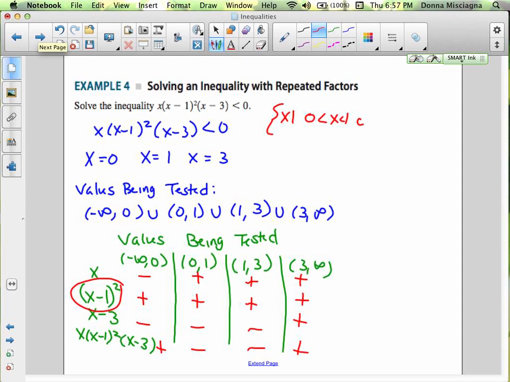Let me make that look like a 4 now, not a less than 1. Or x is between 1 and 3. So we can't be equal to 0, and that takes the 1 out. Everything else is fine.